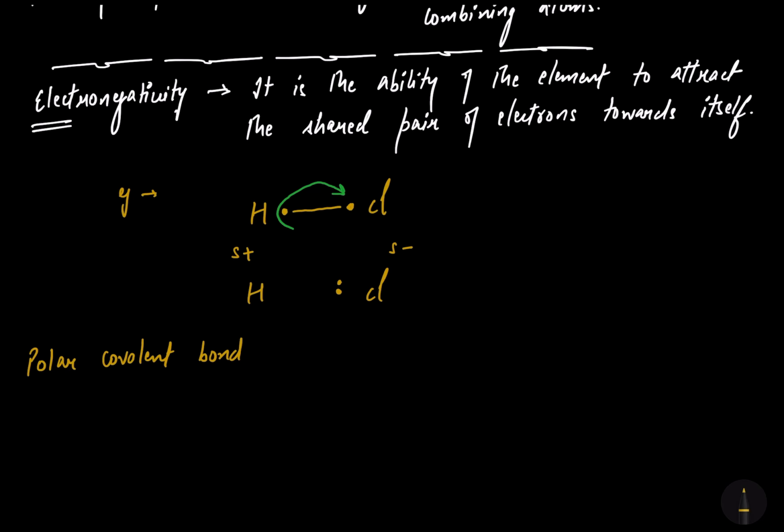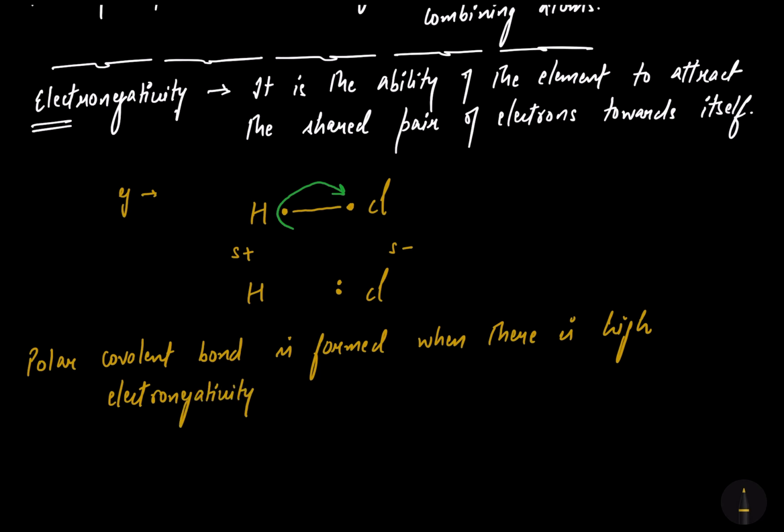Or we can say the polar covalent bond is formed when there is high electronegativity difference between the combining atoms.